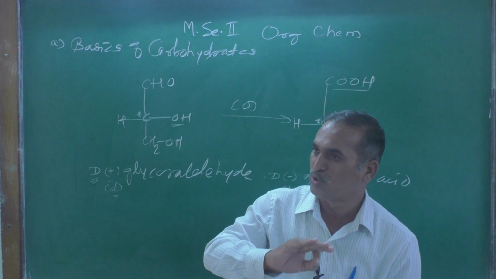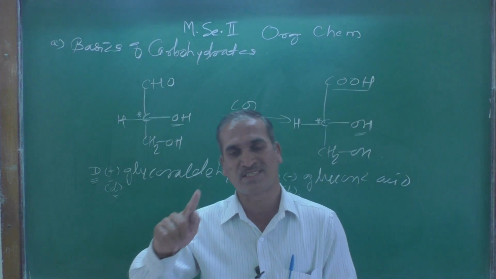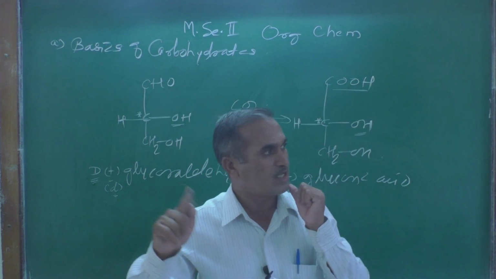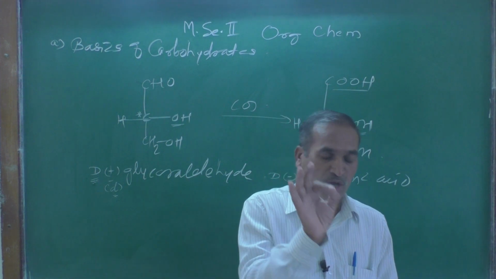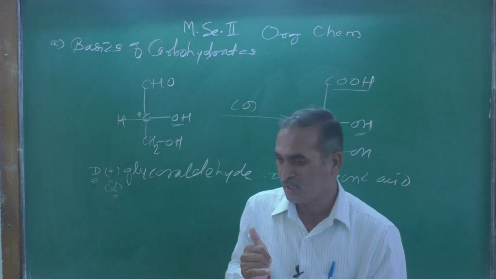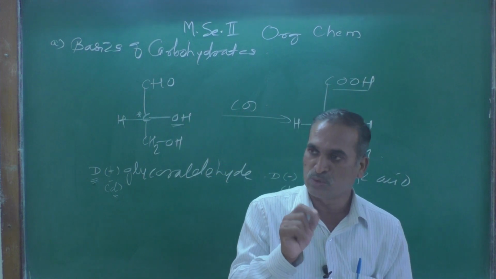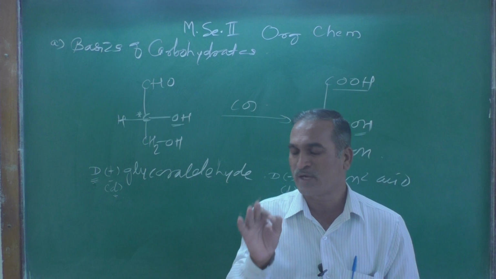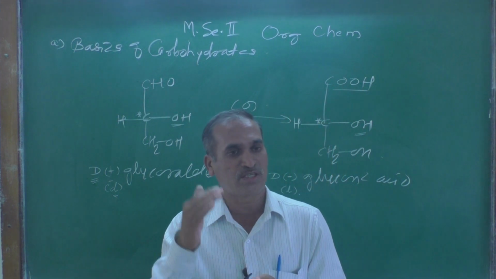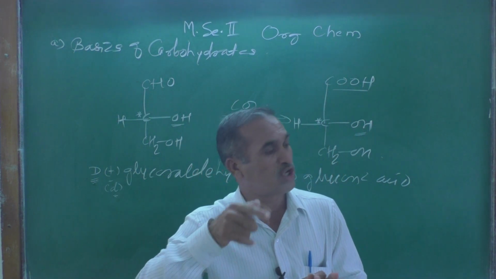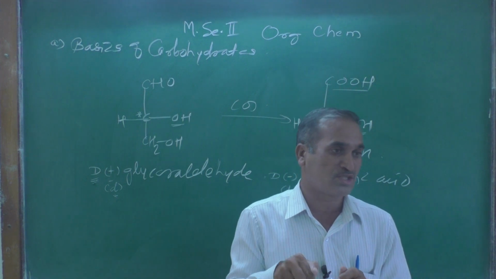We know that the molecular formula of glucose is C6H12O6. So at carbon number 1 is the aldehyde group, and then 2, 3, 4, 5. At 5, if you observe this hydroxy group, this is the lowest chiral center at C5.